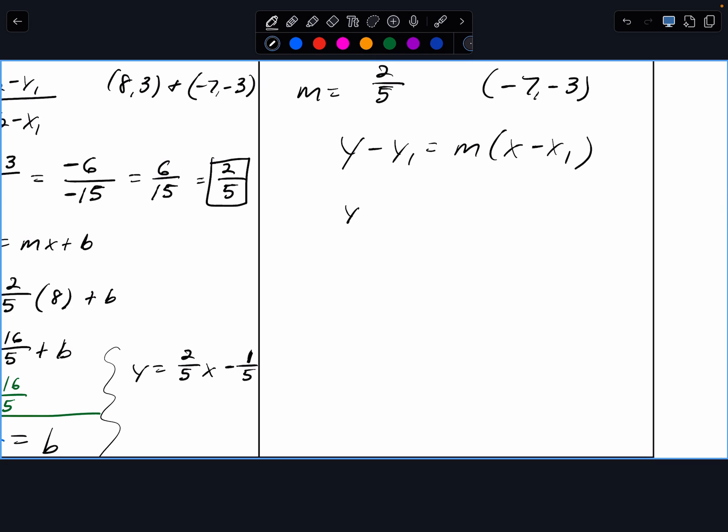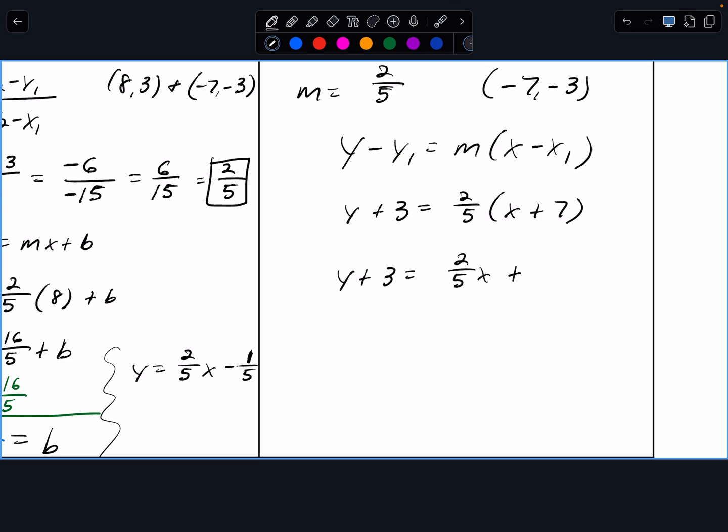So I'm going to write y plus 3 equals 2/5 times x plus 7. Remember to ask if you have any questions on that. I already know when I have a point going into point slope form that I'm thinking opposite on the signs. All right, distribute.